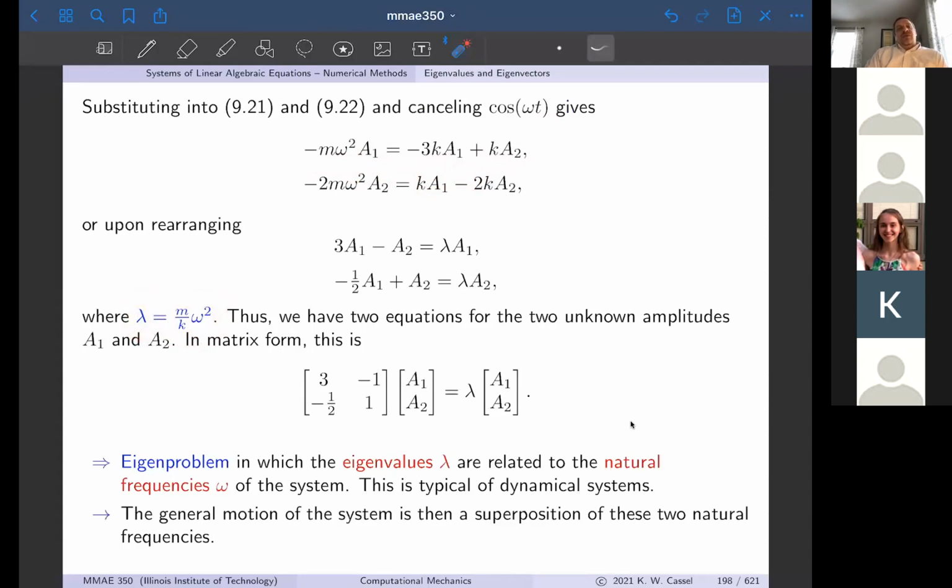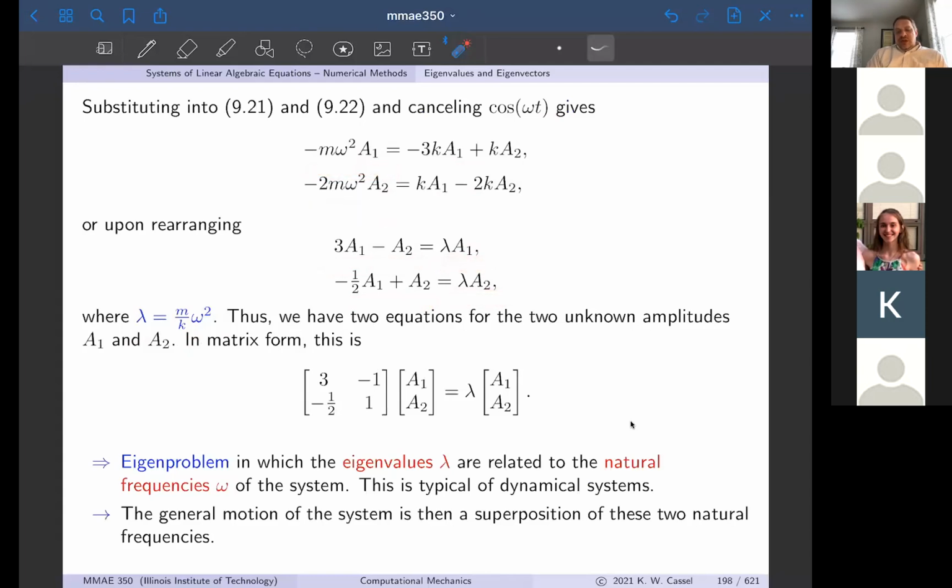So lambda is m over k omega squared. So with that, and I'm going to switch the sides of the equation, make it even more obvious. The left-hand side becomes 3a1 minus a2 and minus a half a1 plus a2. But look at the right-hand sides. They're lambda a1 and lambda a2.